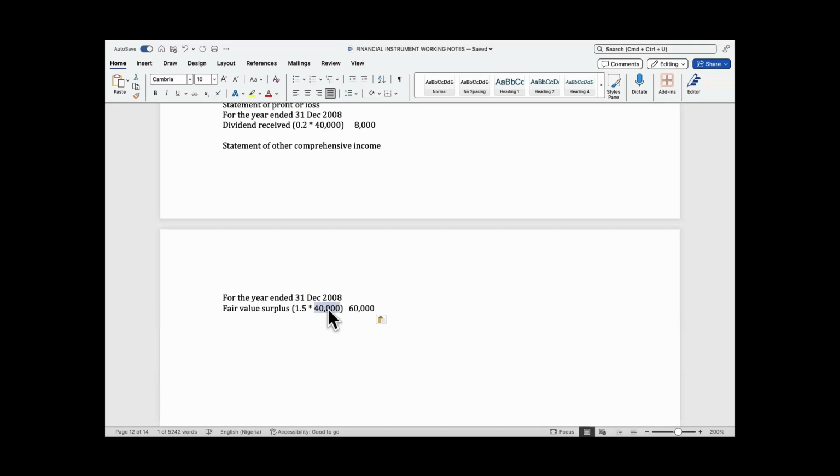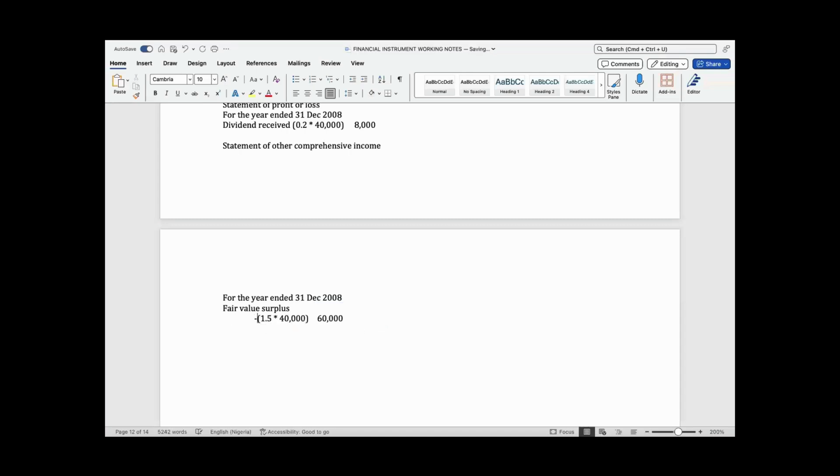But if I do it like this, to a large extent, I'll be wrong. If I just do 1.5 times the number of shares, I'll be wrong, and the reason is this.